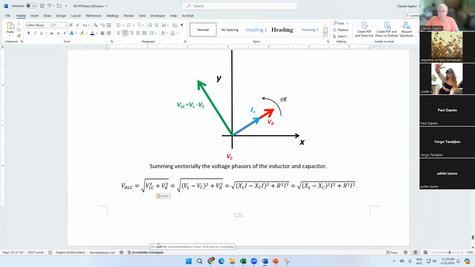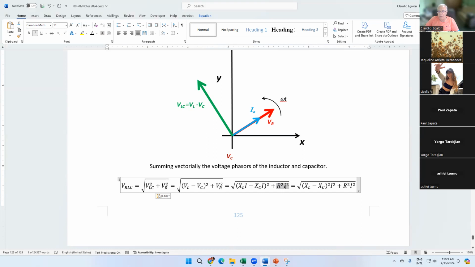But let's not forget that the VL is going to be what? We're going to use Ohm's law again, but in terms of the inductive reactance and the capacitive reactance, okay? It's going to be capacitive reactance times I, inductive reactance times I, okay?